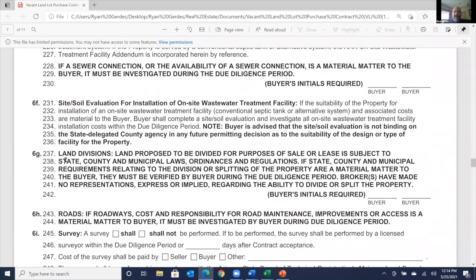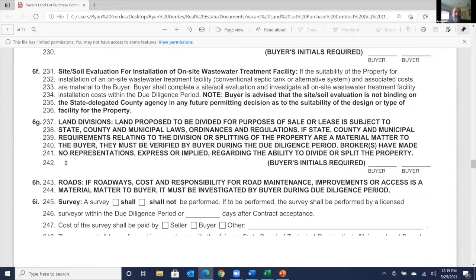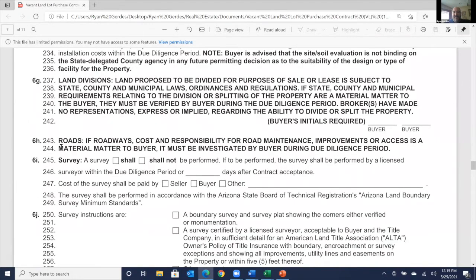Buyer, if you decide that you are wanting to buy this property in order to subdivide it or to do anything different than what it is already being used for, then it is completely up to you to make sure that you do all of your research prior to the end of due diligence period. Roads, if there's any maintenance that you want to do, or any updating or anything like that, buyer, it is up to you to make sure you have that done during your due diligence period.